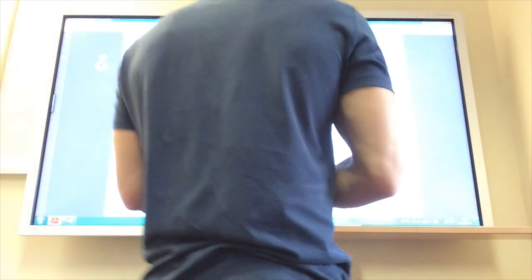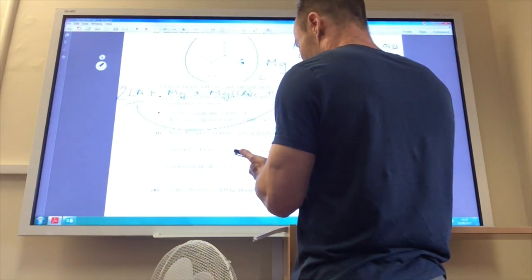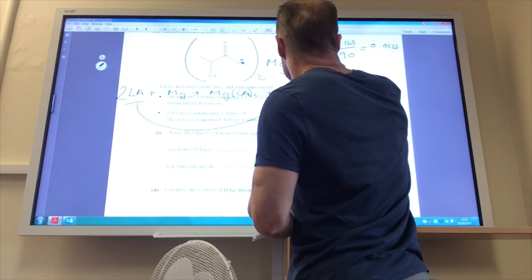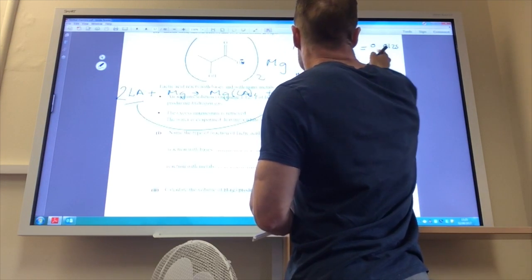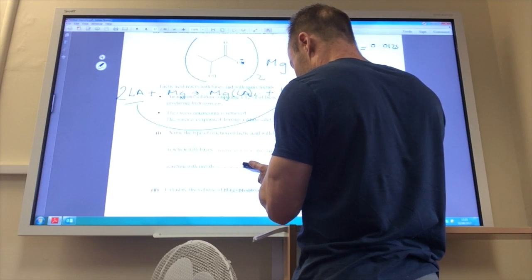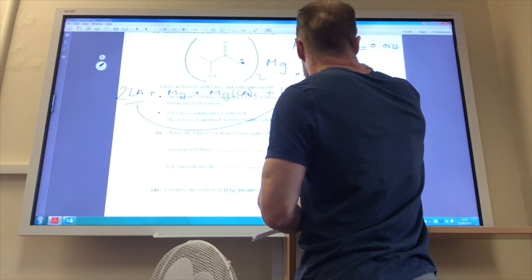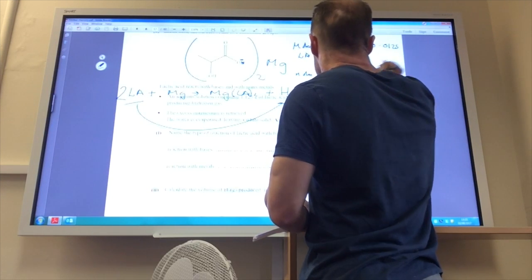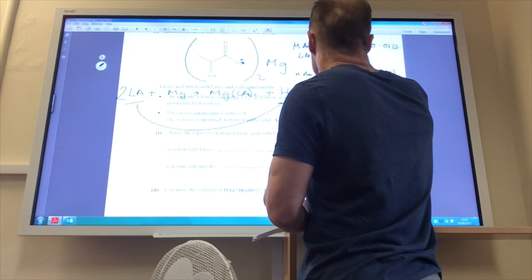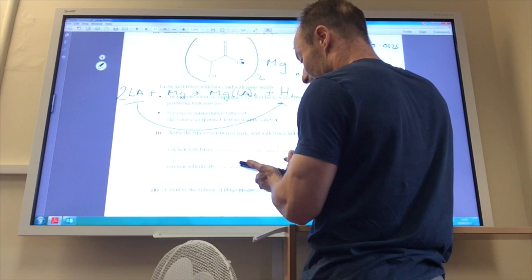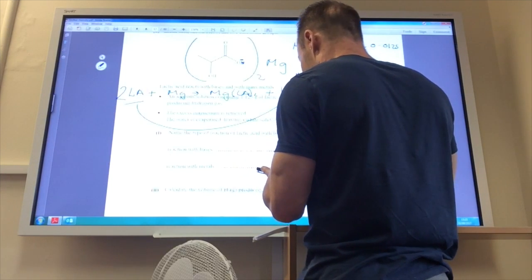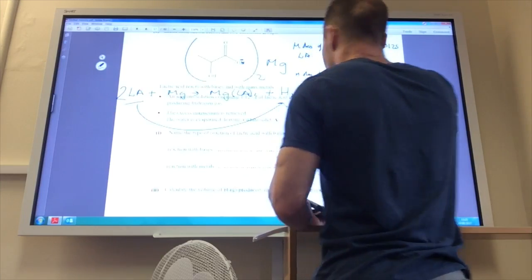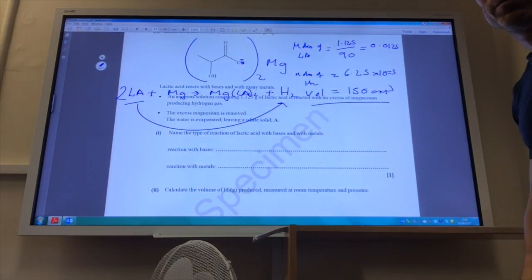I need to divide that by 2 to find the moles of hydrogen. So moles of H2 is 0.0125 divided by 2, which gives me 6.25 times 10 to the minus 3. And then for the volume of H2, you times that number by 24,000, because it's operating at room temperature and pressure, to give me 150 centimetres cubed.